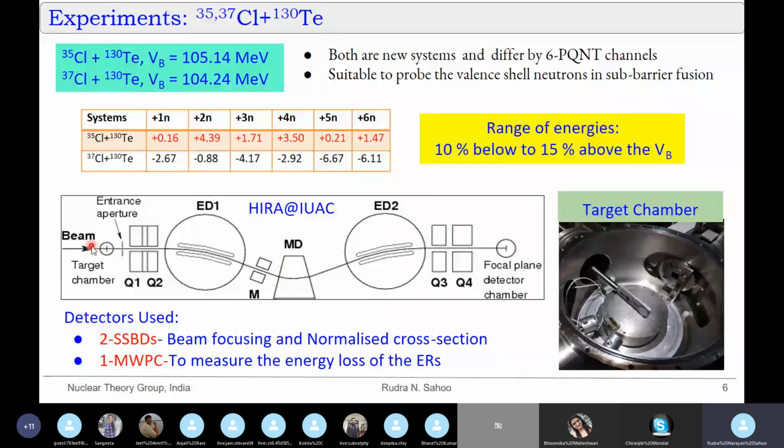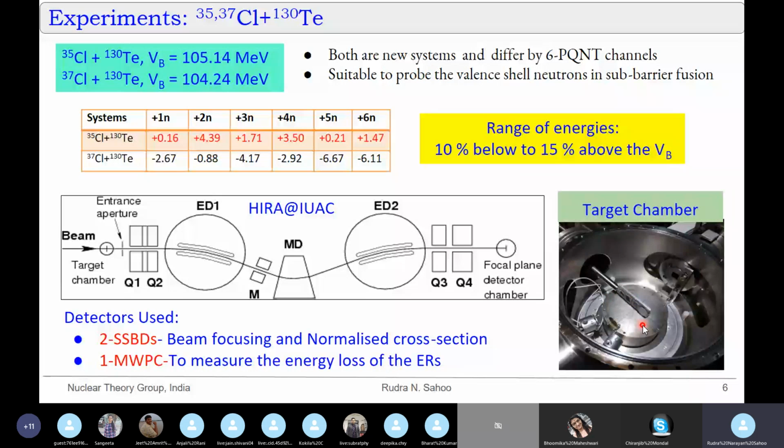You can see this is the beam direction and this is our target chamber. The target chamber plays a crucial role in performing the experiment. Here you can see the target chamber setting for my experiment. This is the beam direction and this is the target holder. The target holder is movable during the experiment, so we can place the target based on our convenience.